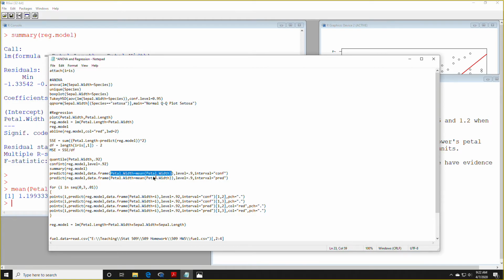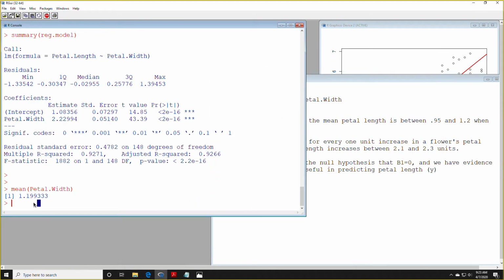X is equal to 1.2 pretty much, the average value of X. So just think about replacing this with 1.2 or whatever other X value the problem gives you. You would have to change this to be whatever X is called, and of course, whatever value of X you want, you would have to replace with this. And of course, also level is equal to 0.9. This is saying we want a 90% confidence interval. Okay, but that should be the only things you should have to change depending on the problem.